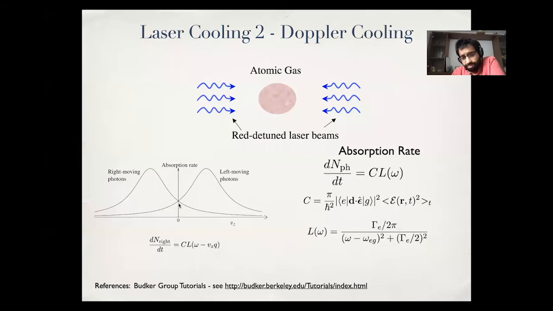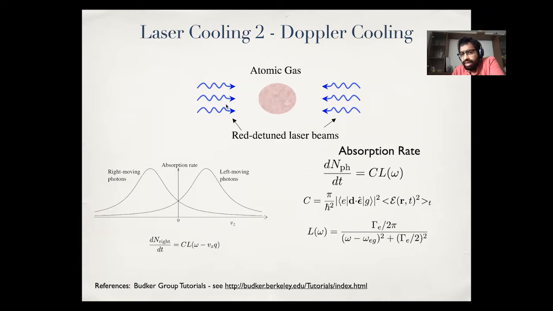On the other hand, atoms that are not moving at all will see both these frequencies at the same value, and basically they will not preferentially absorb left or right. On the other hand, if I move with positive velocity Vz, then the atoms are going to see the right moving photons with a frequency that is lower than the original frequency.